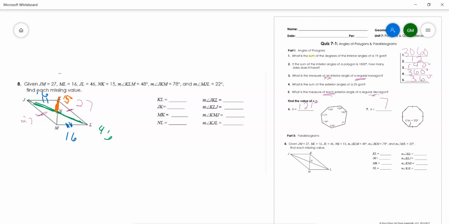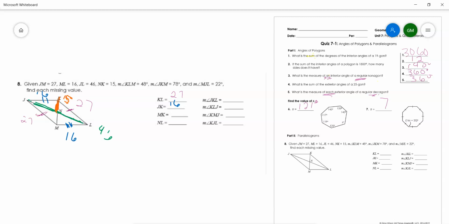All right, so let's go ahead and do the sides first. KL matches JM, so KL is going to be 27. ML is 16, which corresponds to JK. So JK is 16.